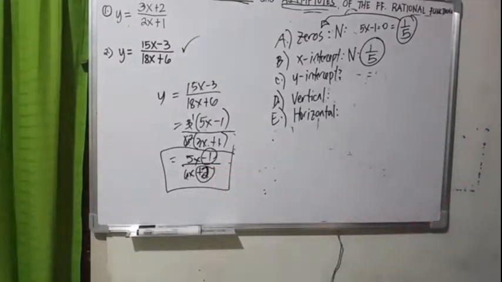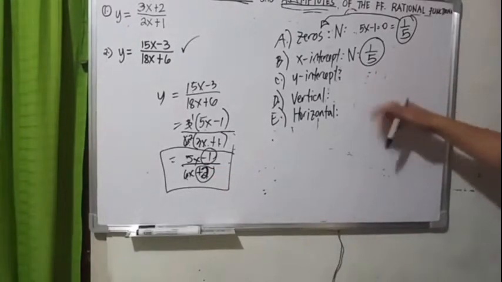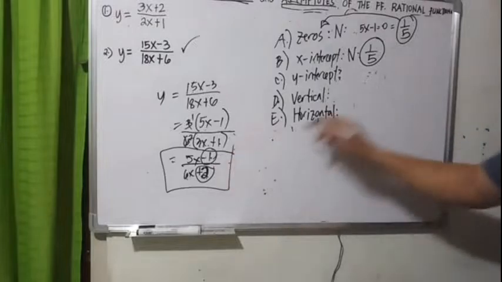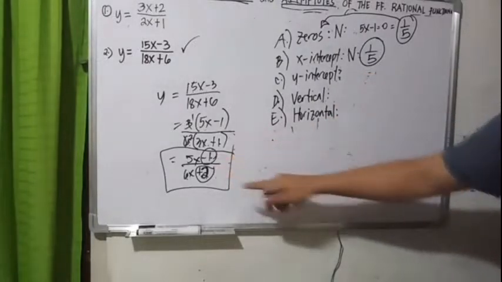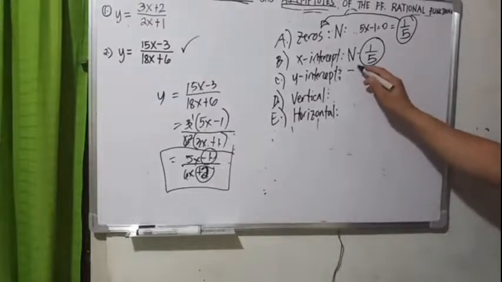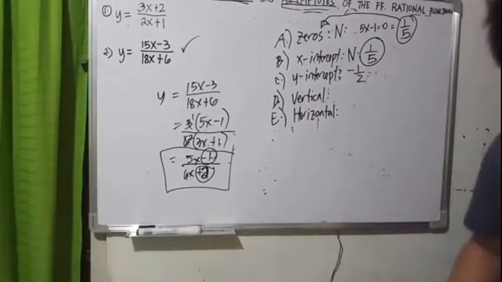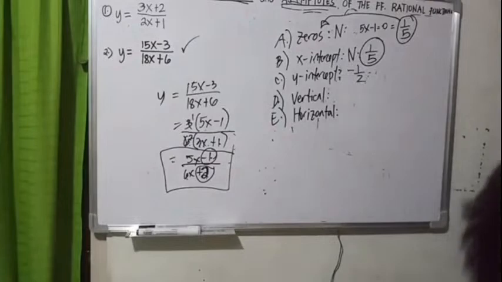So our y-intercept, the value of the constants of the numerator and denominator, is negative 1 half.